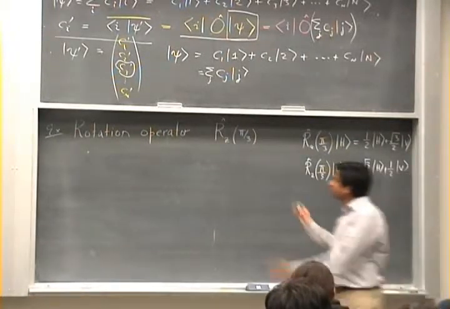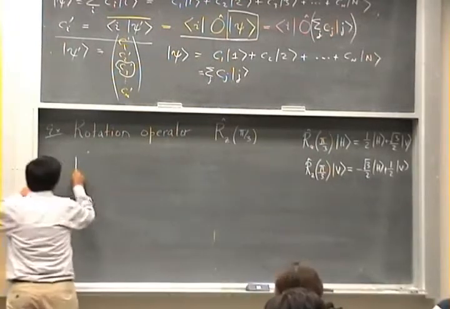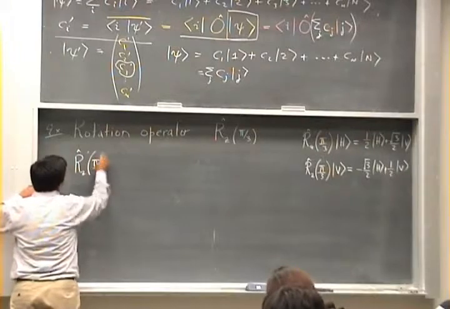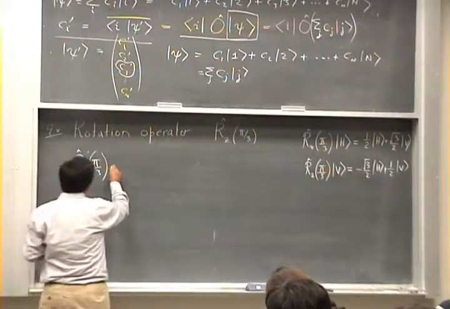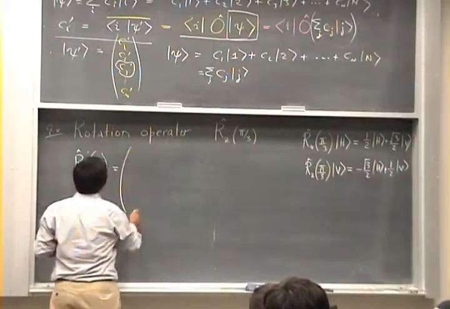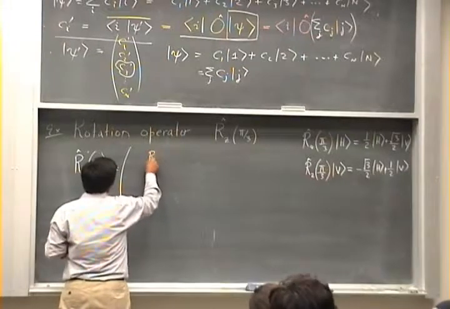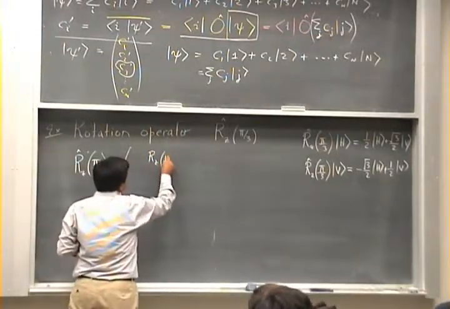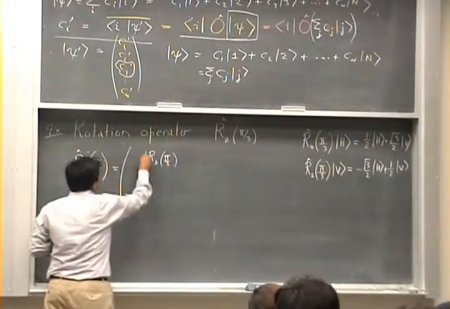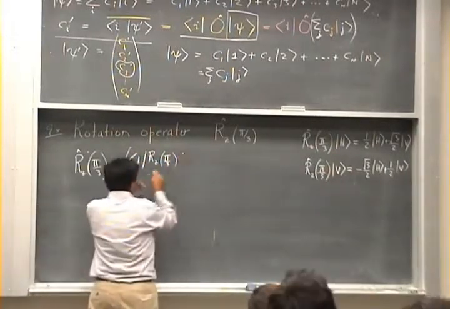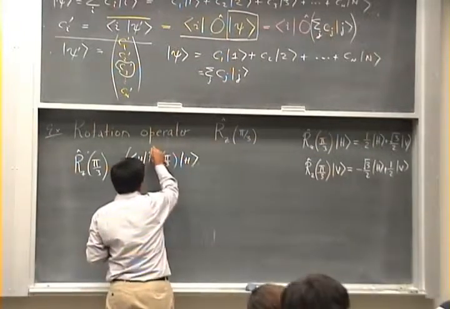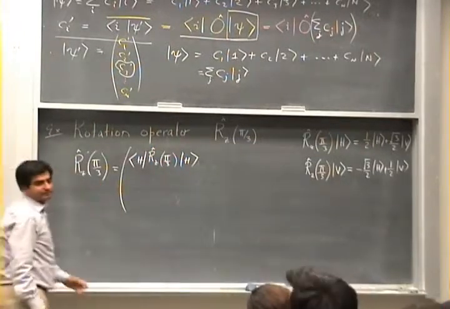Now the rotation operator will have a matrix representation RZ pi by 3 in the same representation that we've already chosen. I'm not writing this pi by 3 over and over again. I can if you really insist, however. So I have ket 1 for H. Okay? This is the first element.